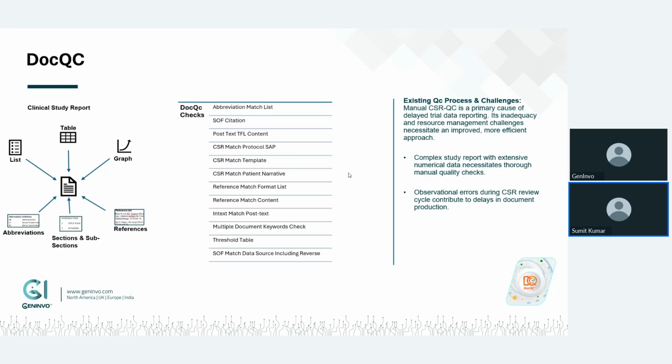The DocQC tool can handle that past, present, and future tense problem, as well as the synonyms issue. Let's assume that in the protocol the patient is mentioned as a subject, and in the CSR it is mentioned as a patient. These kinds of issues DocQC can easily handle.